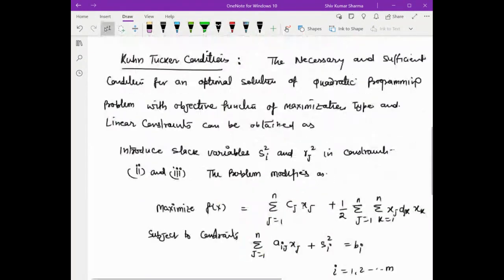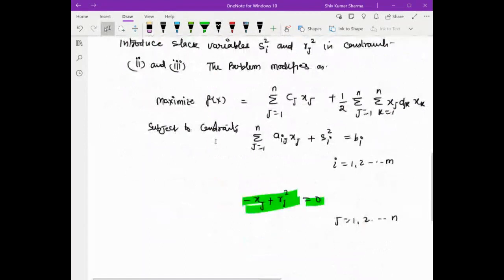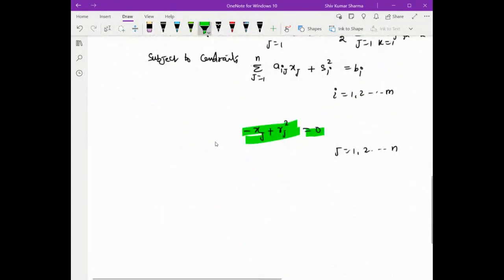Now the Lagrange function. First, this is part of the Kuhn-Tucker conditions. We introduce slack variables and write the Lagrange function L in this way.